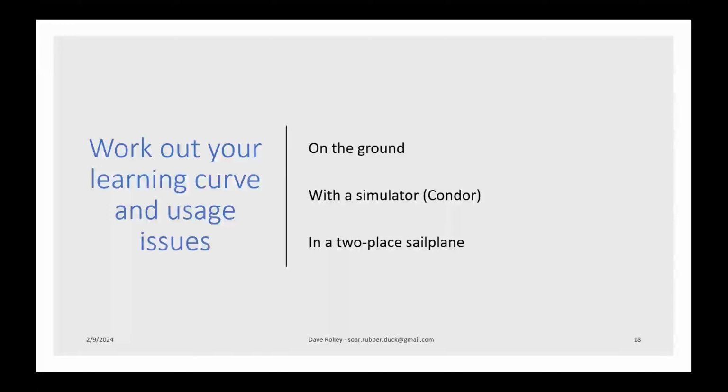The other one is to do it in a two-place aircraft. I've also recommended riding in the passenger seat in a car while you run the computer and somebody else is driving. The only problem with that is if the person that's driving gets distracted by what you're doing on the computer, then they're not driving anymore. It isn't a free ride.